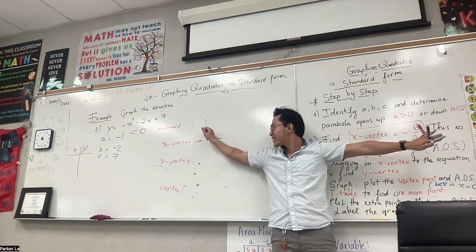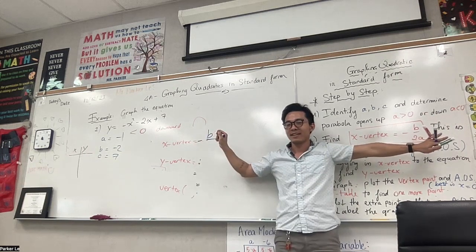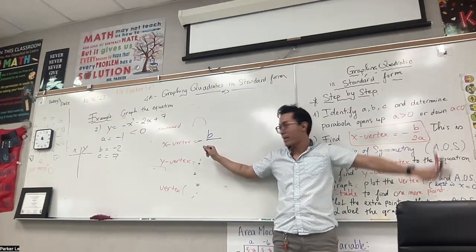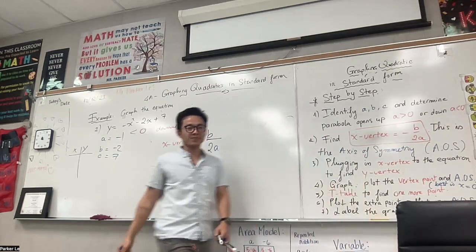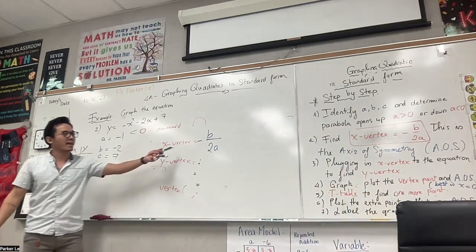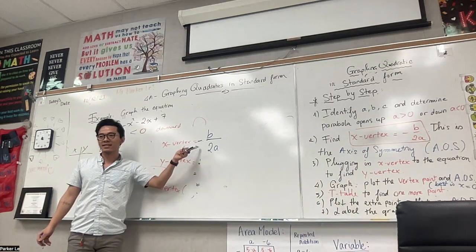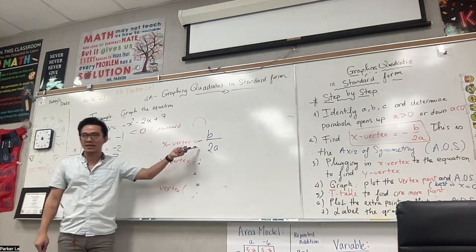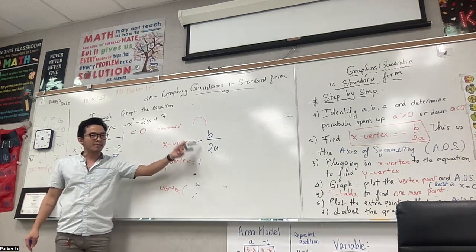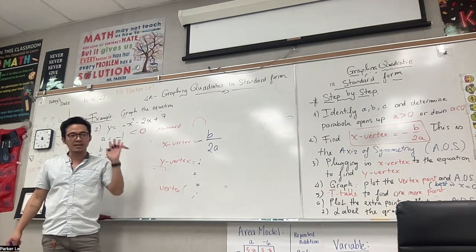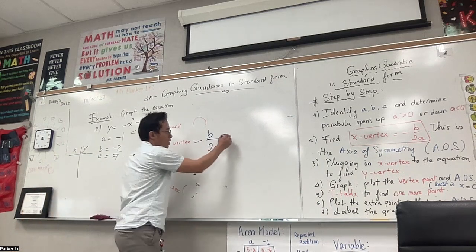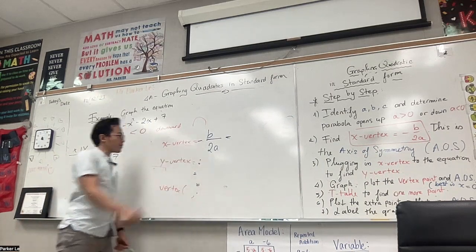Negative b over 2a. Anyway, you need to memorize this. Just give Jimmy 1 point. This is what I want you to memorize in class right away. Negative b over 2a. Don't forget the negative. That's important too.